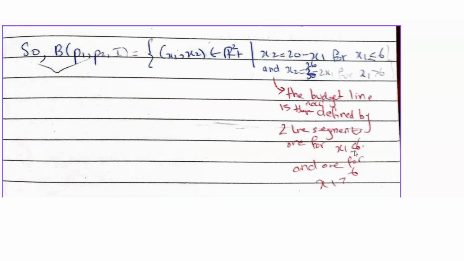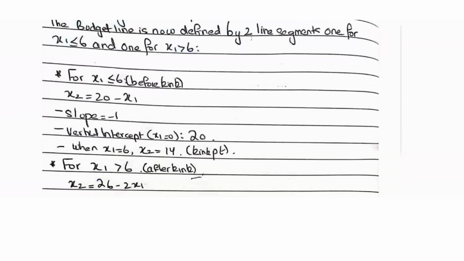And the reason we're defining it based on 6 is because it's after you buy the 6 pairs of pants that the price changes. So the kink where you split it into two line segments is going to be where the price changes. Here the price changes after buying the 6 pairs of pants, so it's defined as two line segments based upon x1 less than or equal to 6 and x1 greater than 6.